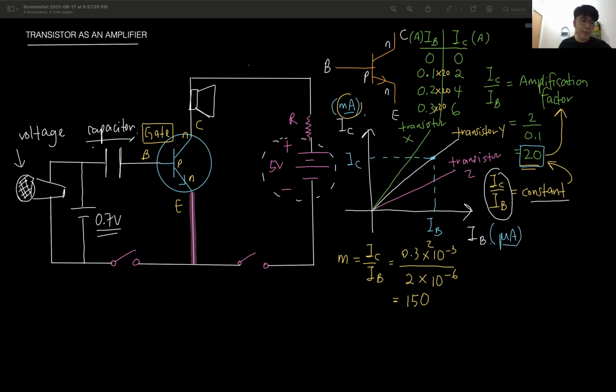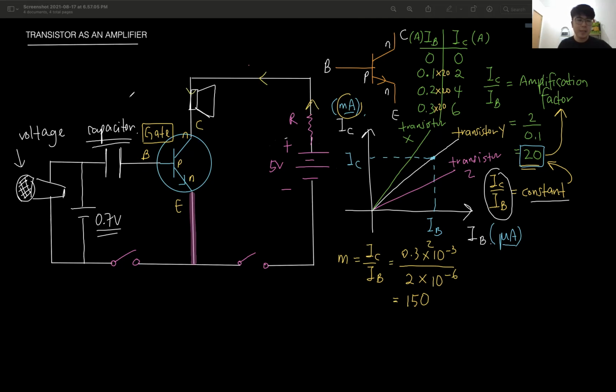What is the function of the capacitor? The capacitor will block the current flowing. You see, now, the current from this circuit on the right flows out from here, positive, and then it enters the collector, right?